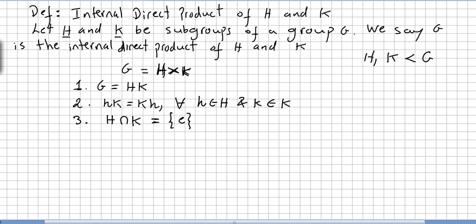We say internal direct product of H and K if H and K are subgroups of G, and G is naturally isomorphic to the external direct product of H and K.